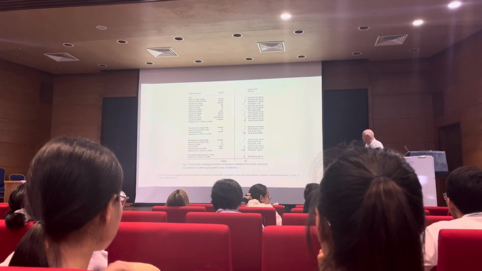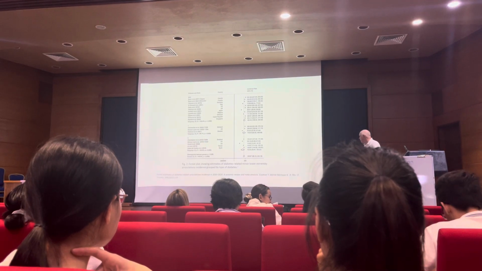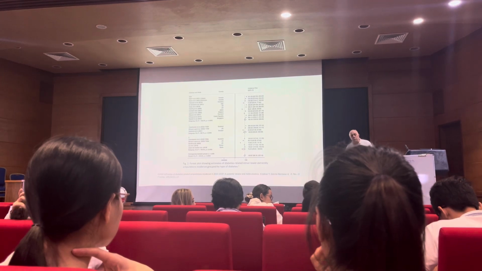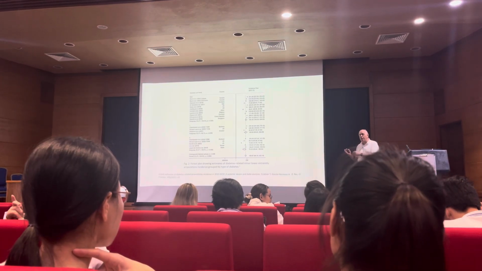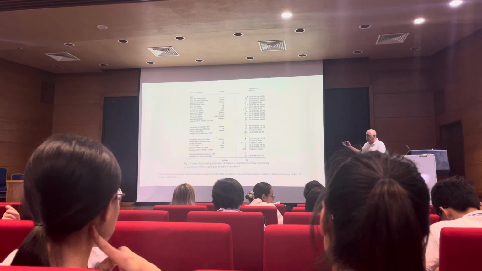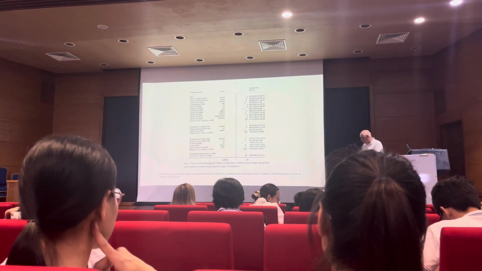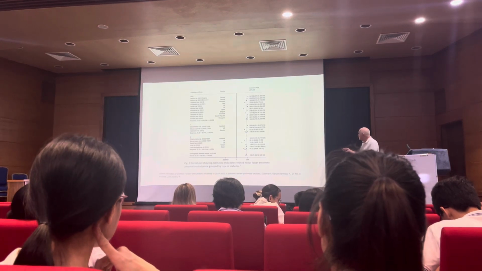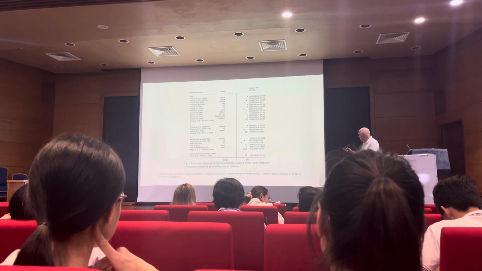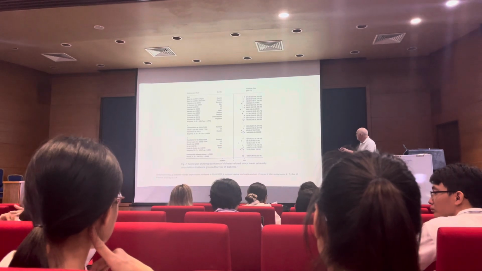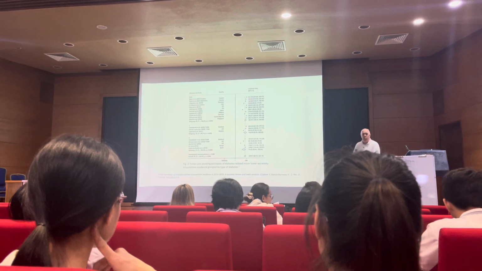This is a paper, a systematic review, meta-analysis published in 2023, which shows the incidence of minor amputations in various parts of the world. And you can see here that in some countries they're doing pretty well, in other countries like the United States, not so well.